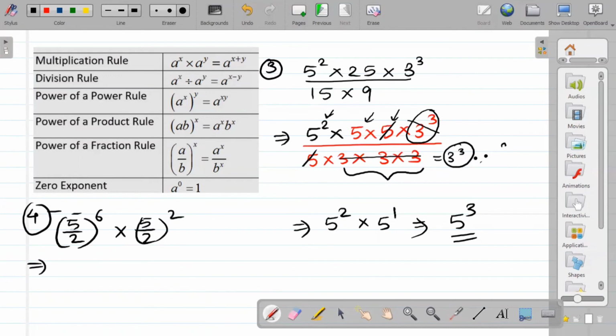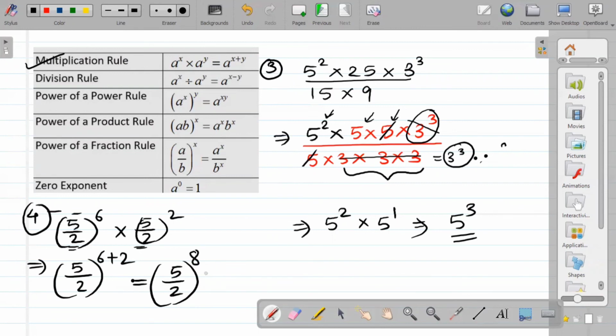Now, if you see carefully, base is same. 5 by 2 is your base. So you can directly add the powers, that is 6 plus 2. Using this first rule, if your bases are same, powers will get added. So your answer is nothing but 5 to the power 5 by 2 raised to 8. That's it. You can keep the answer till here only.